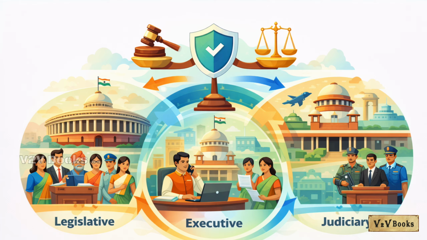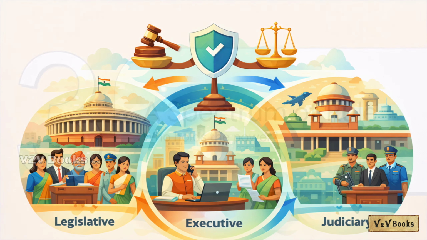But then the legislature might get enough votes to override that veto. And just when you think it's over, the judiciary can step in and declare the whole law unconstitutional, striking it down completely. See? Each branch has a specific power to limit or check the power of the others. It's this brilliant system of tension that keeps everything in balance.